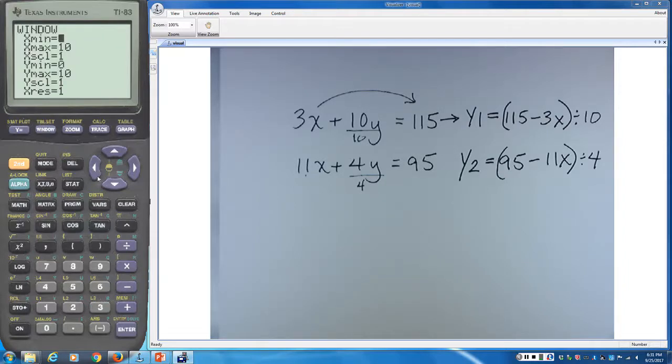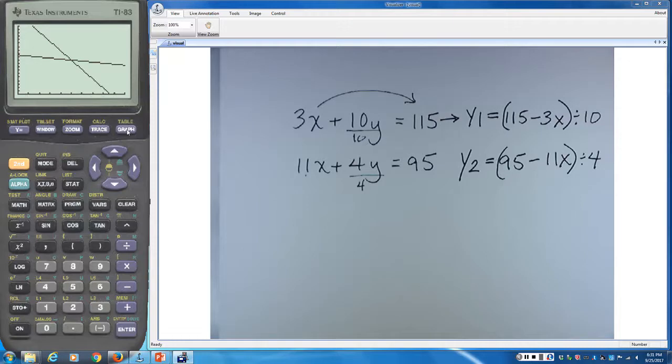So let's go back to the window and raise the y max up to 20 and see if that does it. So I hit graph again, and there goes my first equation. There comes my second equation, and now I can see all the values. Okay, I can see the complete intersection point.